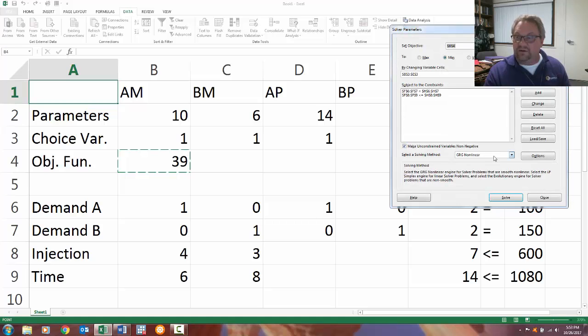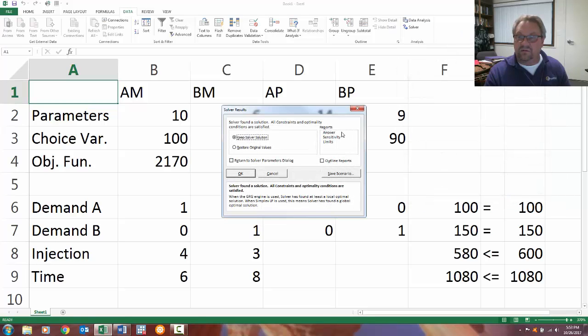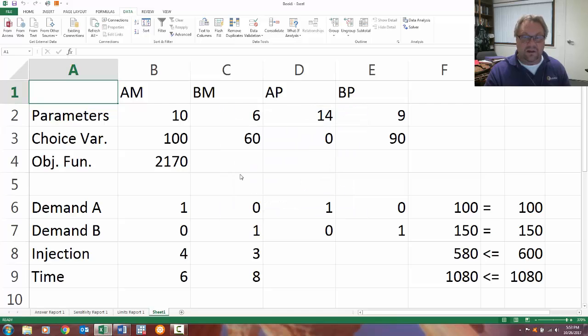I got my non-negativity constraints, Simplex LP, solve, answer, sensitivity and limits report. Hit OK, and there you go.